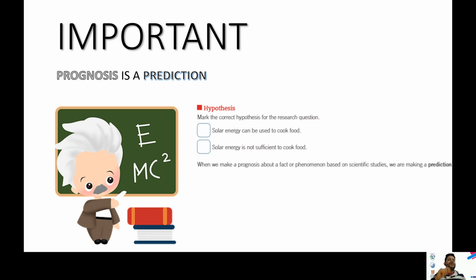Okay, you have to mark what is the hypothesis in this investigation. When we make a prognosis about a fact or phenomenon based on scientific studies, we are making a prognosis. My friends, remember, prognosis is a prediction.